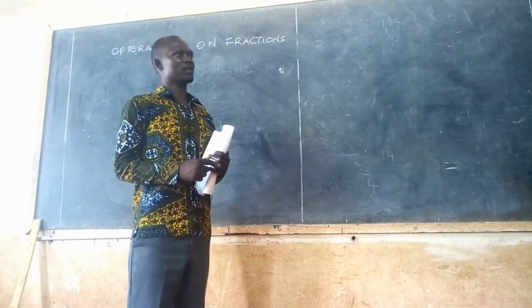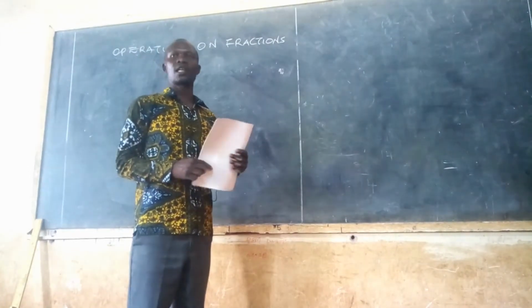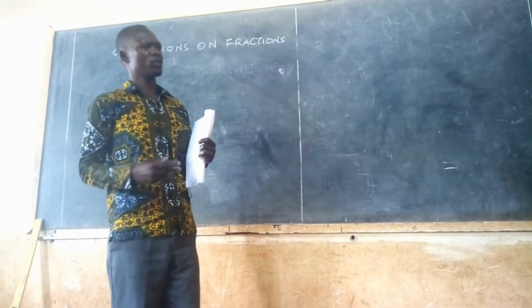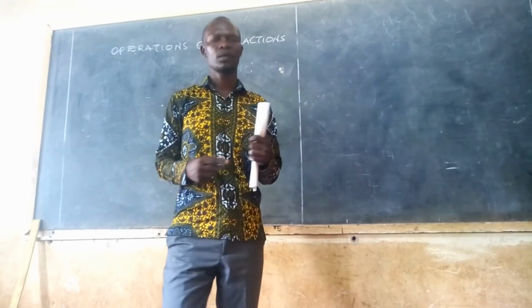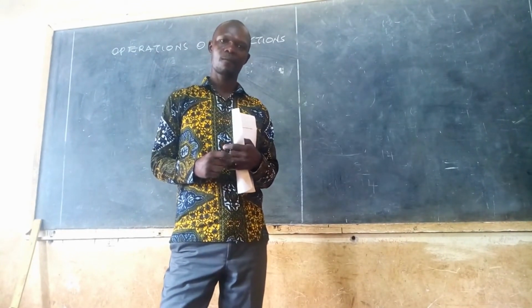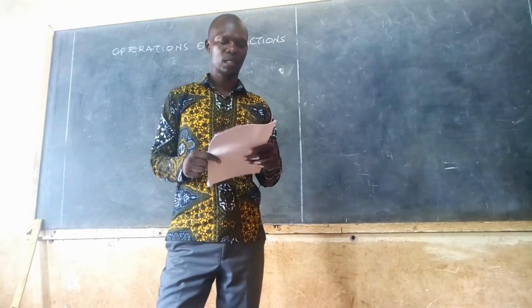I want us to look at sample questions that you will be given involving fractions. These questions normally happen to be, in most cases, number 1 of paper 1 in mathematics. I'll give you a sample.